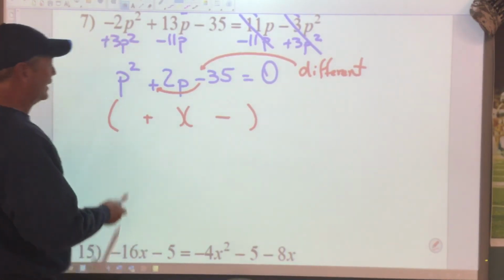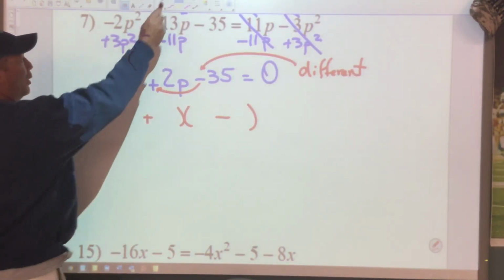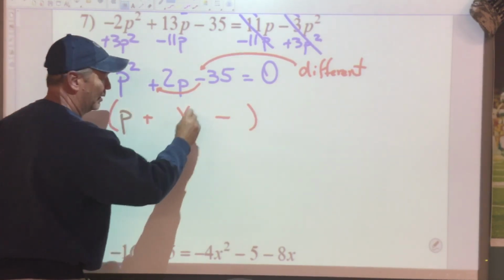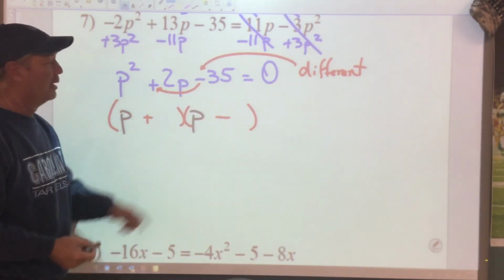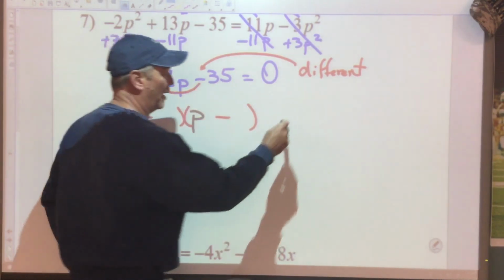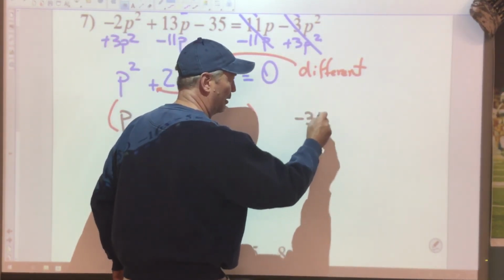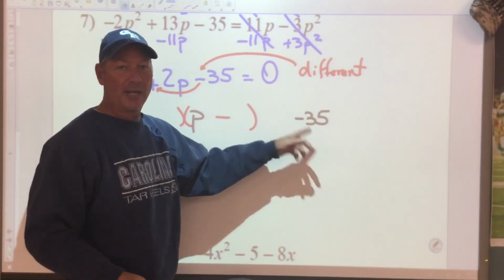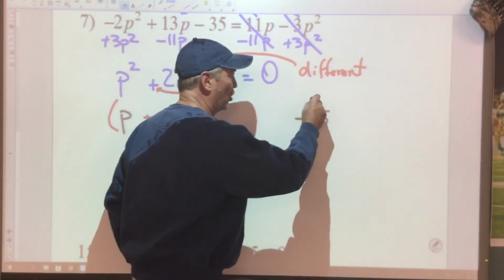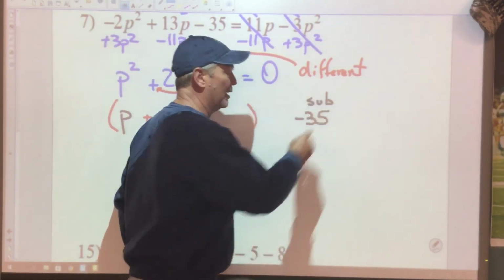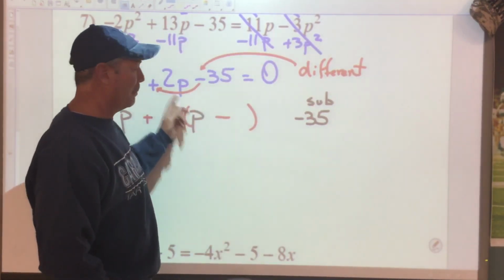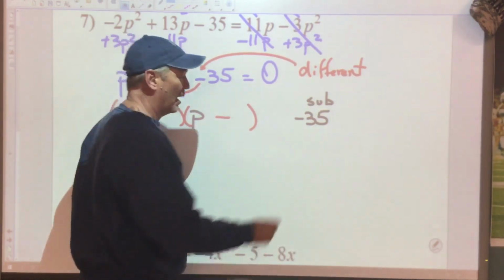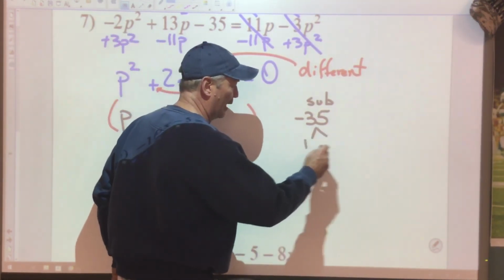How are we going to break down p squared? Well, we're going to break down p squared as p times p. That's pretty simple. But then we look at the negative 35. Since that is a minus 35 or a negative 35, that tells me that I am going to find my middle term by subtracting. So let's go find our factors. I've got 1 times 35.